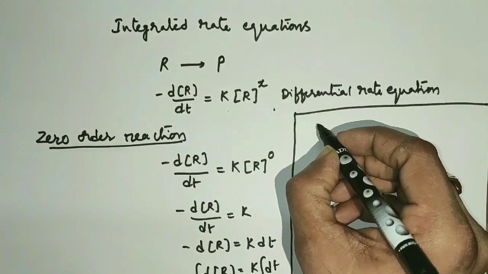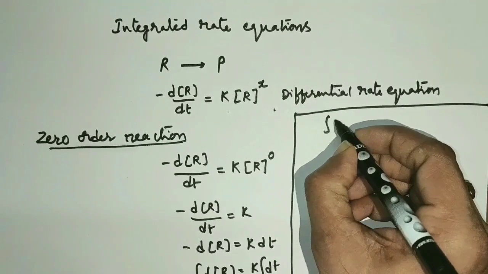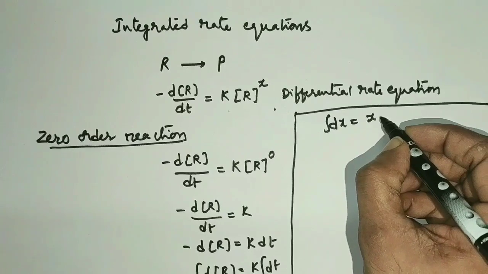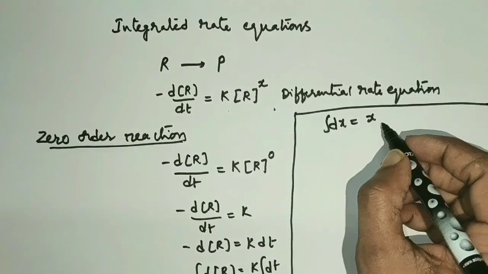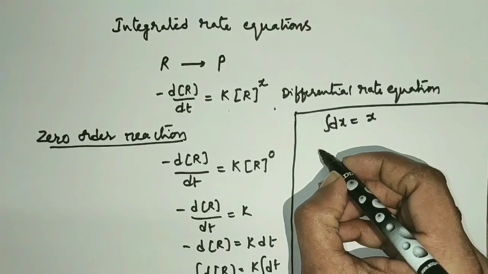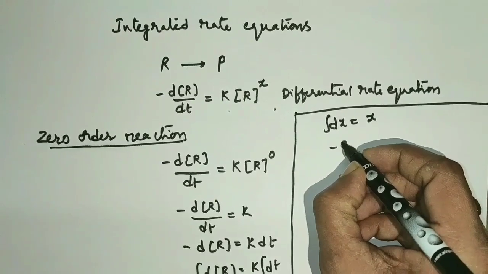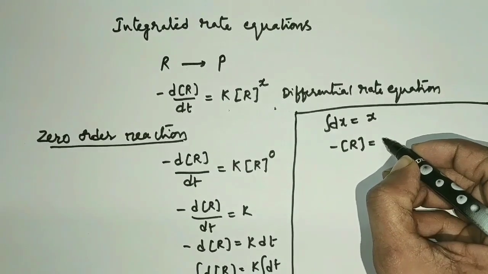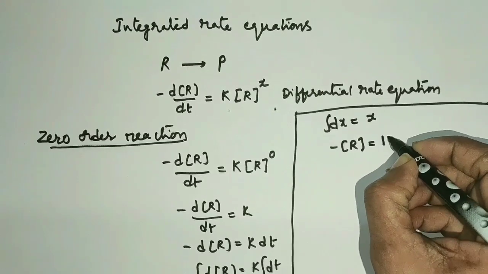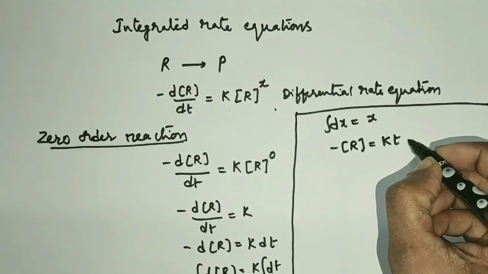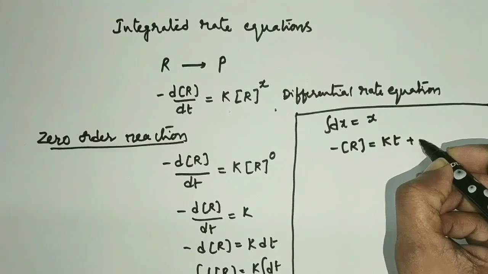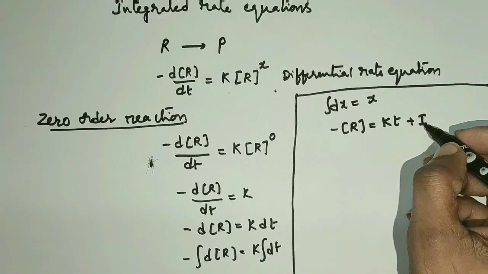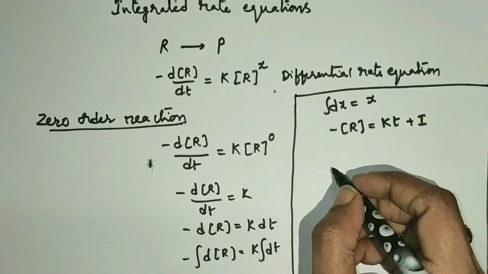In integration we have a formula, integral dx is equal to x. So this minus integral dR becomes minus R, plus K integral dt will become Kt, and after completion of integration we need to add a constant I. To find out the value of I, we need to substitute certain conditions.